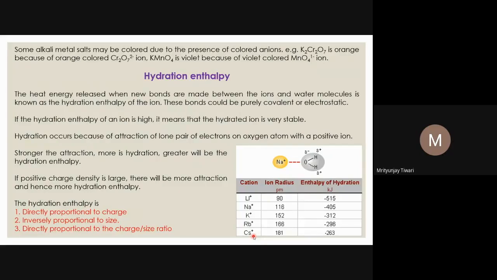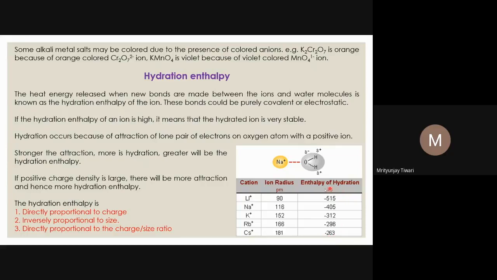At a particular distance, the net positive charge inside the nucleus will have the least effect when the size of the cation is maximum. That is another way to interpret the same thing. So this is the trend that we get.